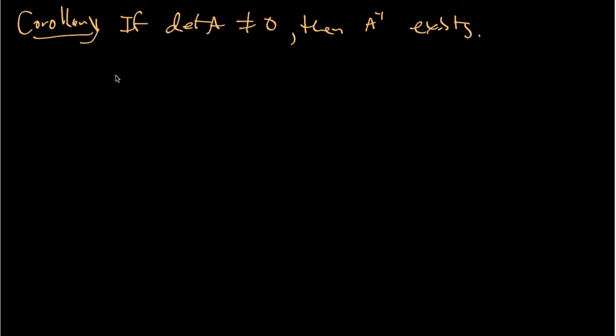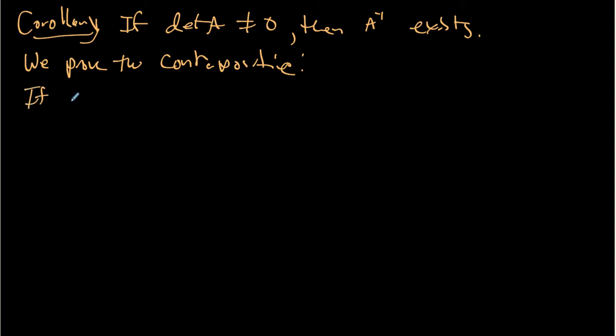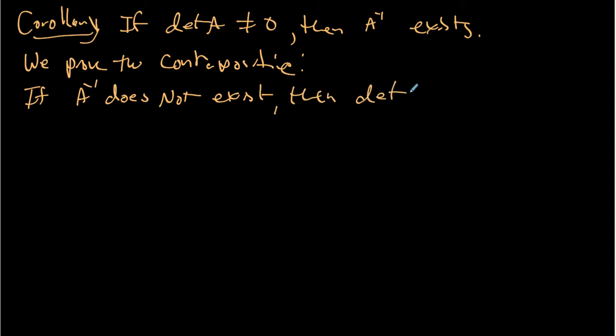So what we're going to actually do for trying to prove this corollary is we're going to try to prove the contrapositive. And the contrapositive of this theorem would say, if A is not invertible, in other words, A inverse does not exist, then the determinant of A is going to have to be equal to 0.